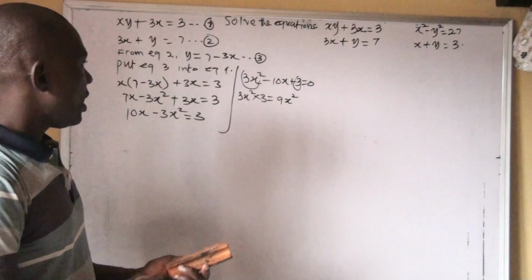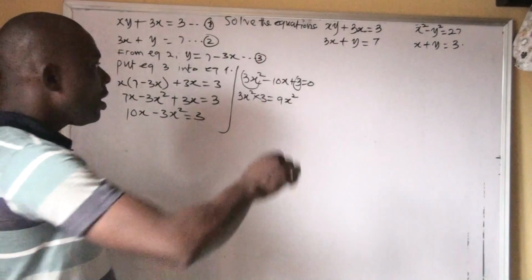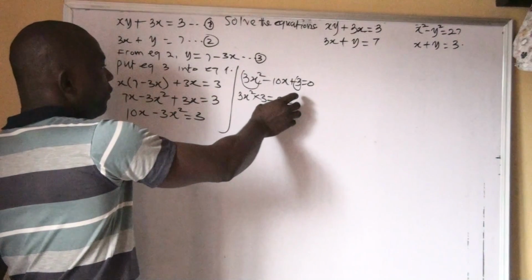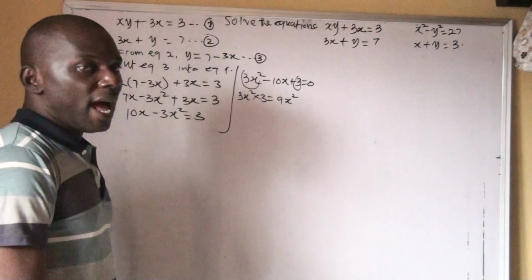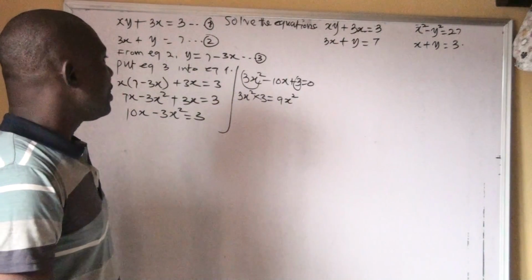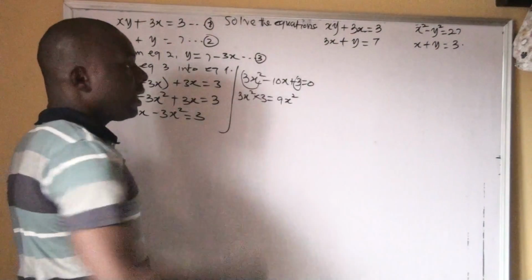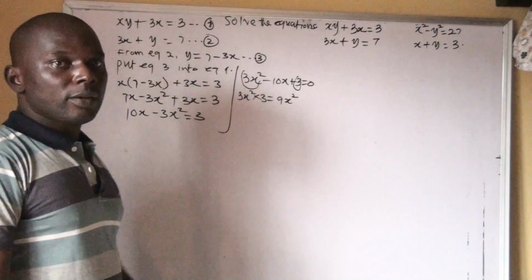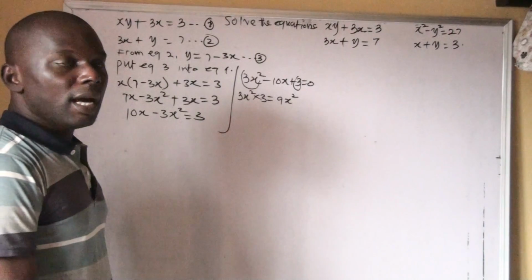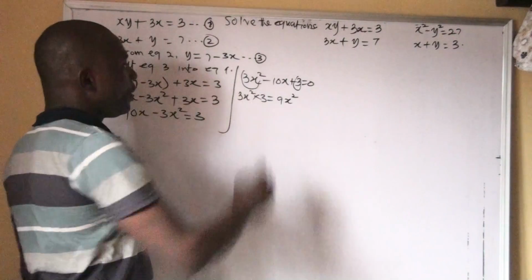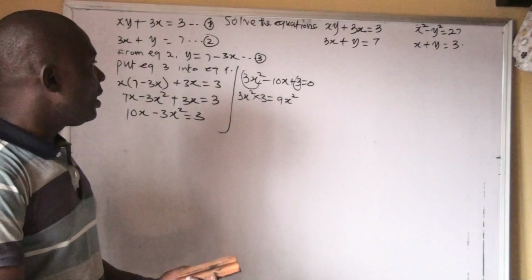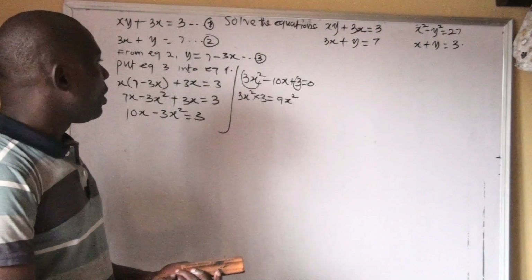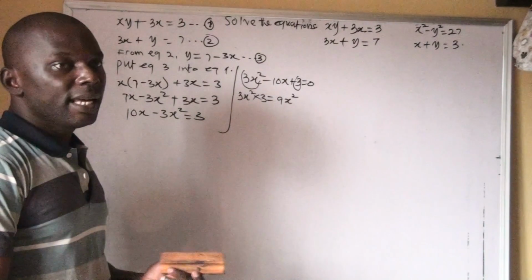Now we're going to look at all the factors of 9x squared, which if we add, will give us minus 10x, and if we multiply, will give us 9x squared.